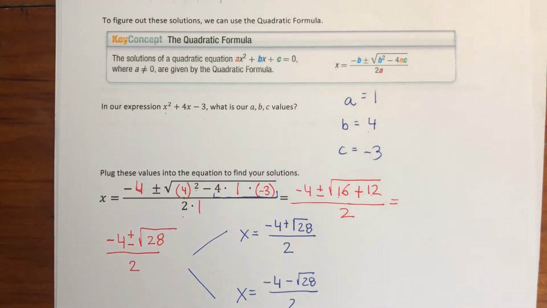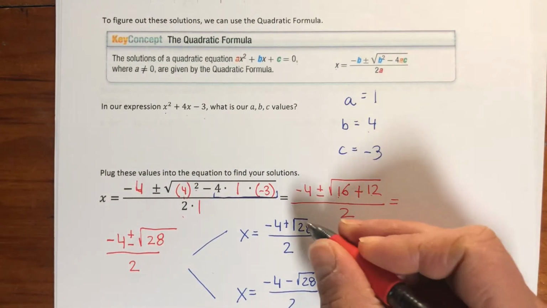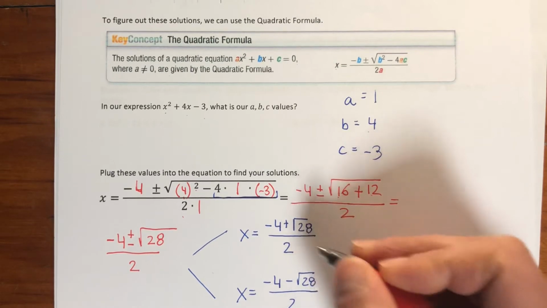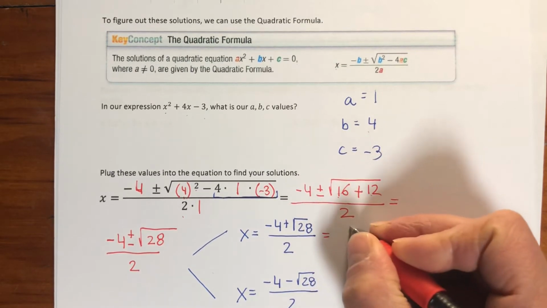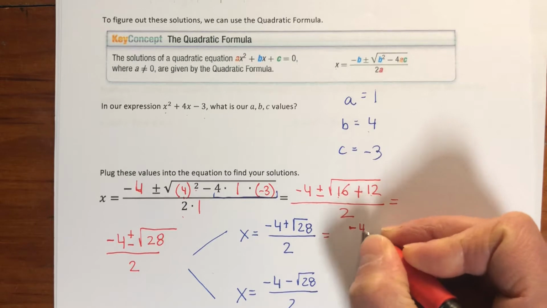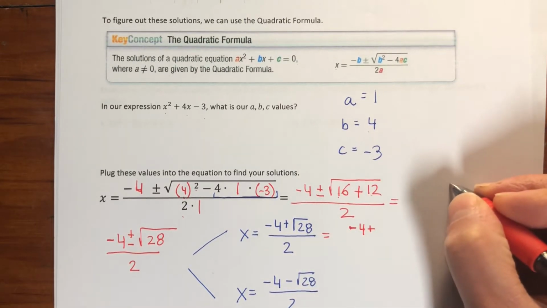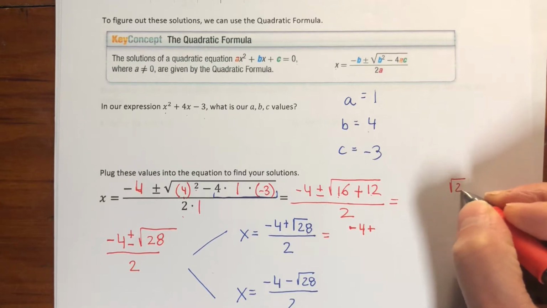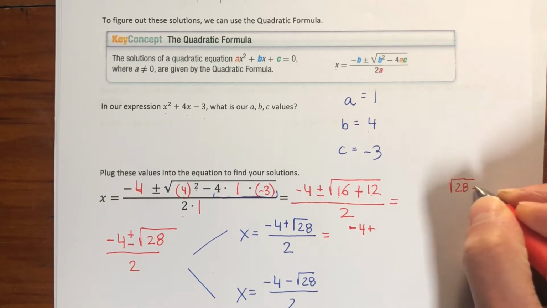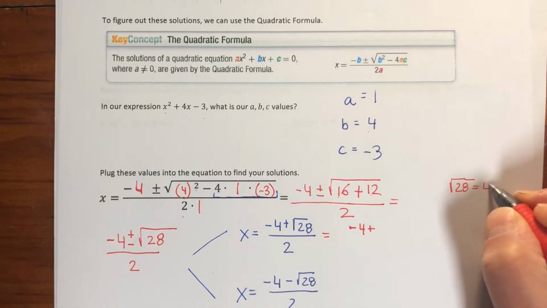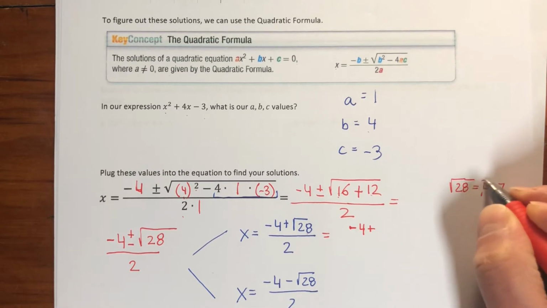So from here, I am going to simplify the 28. So I have -4 plus, and I know that square root of 28, I am going to write this on the side. 28, using perfect squares, that's 4 times 7.